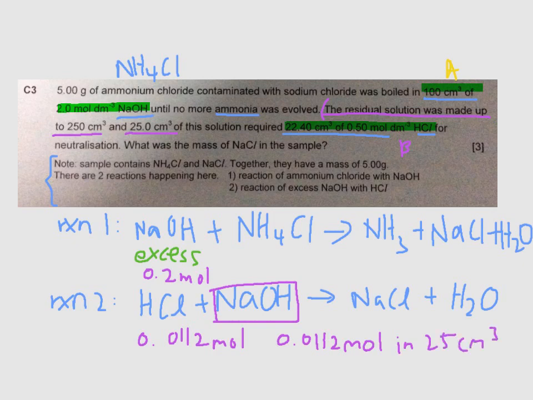So therefore, you should find the amount of NaOH present in 250 cm3. If 25 cm3 is 0.0112 mole, 250 cm3 equals 0.0112 divided by 25 times 250. And you should be able to get 0.112 mole of NaOH in 250 cm3.